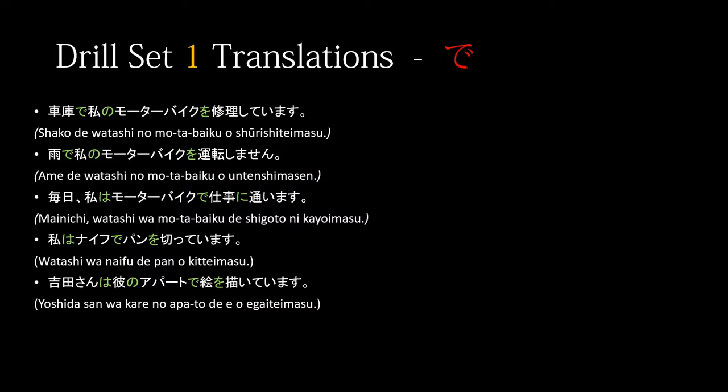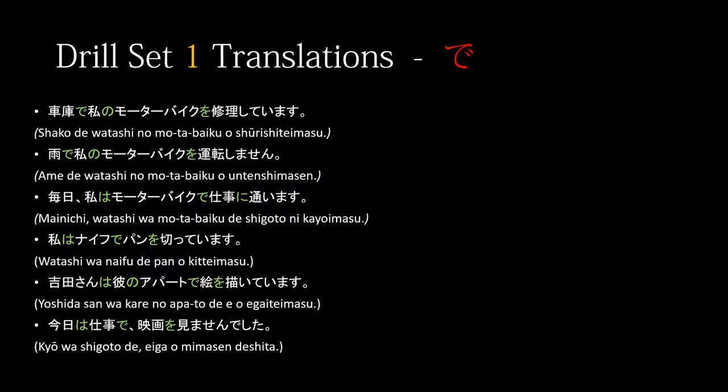After that we have no to establish ownership, de to establish the location where he is, in this case, let's say, drawing, and after that wo establishes the object, in this case, what Mr. Yoshida is drawing. So once again, four particles: wa to establish the topic, no to establish ownership, de to establish the location, and o to establish the direct object.